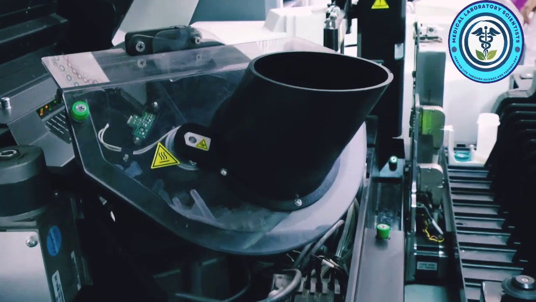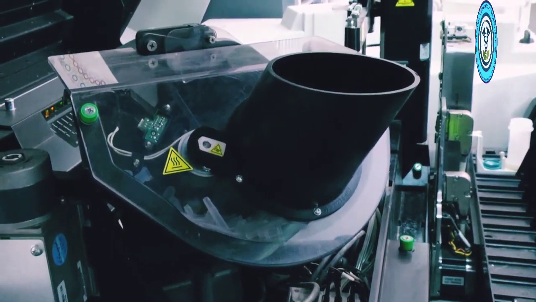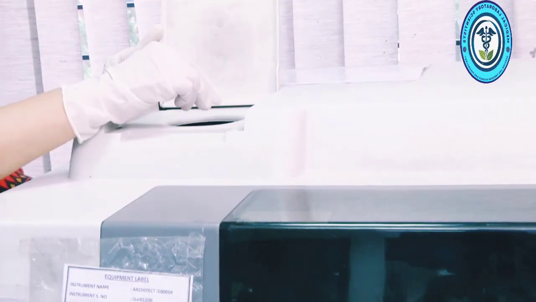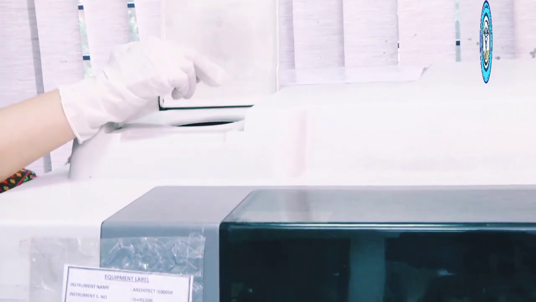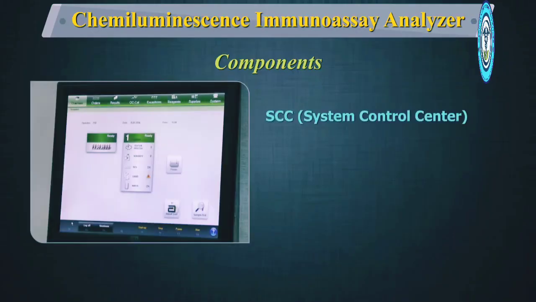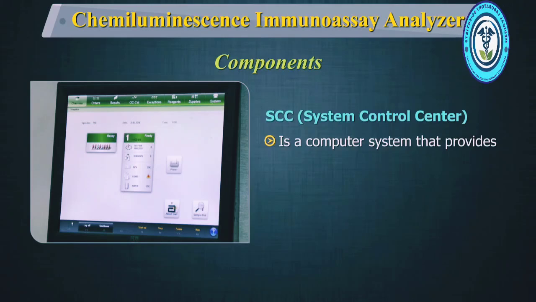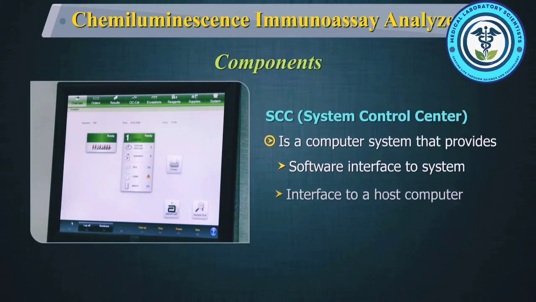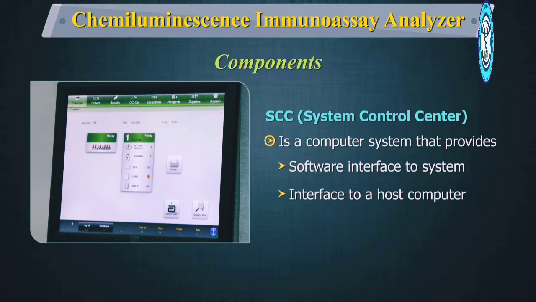The reaction vessel is dropped into the reaction vessel loader and hopper assembly, which provides onboard storage for reaction vessels and transports them into the process path. The System Control Center is a computer system that provides software interface to the immunoassay system and can provide an interface to a host computer.